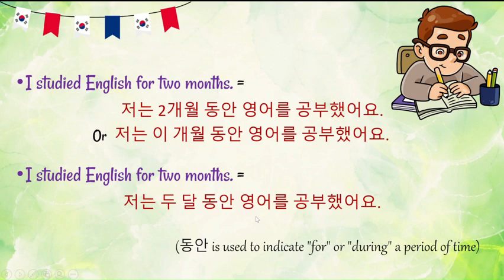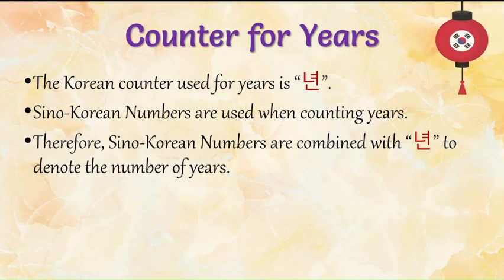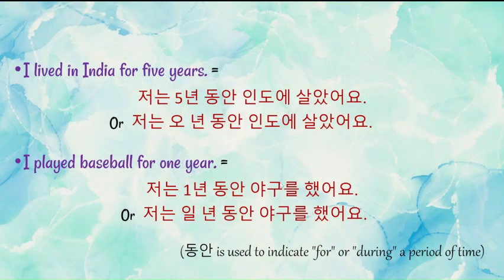Now the last one, the Korean counter used for years, and that is 년. Very simple. Again, you have to use Sino-Korean numbers with it when counting years. The numbers get combined with 년 to denote the number of years. Let's look at the examples.